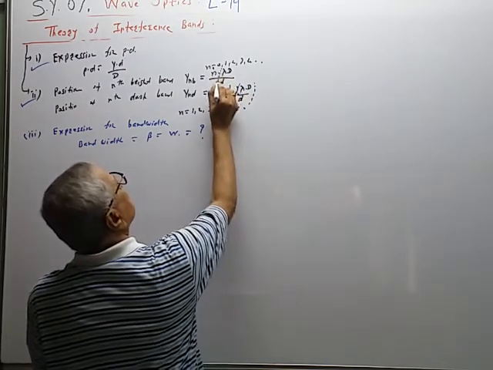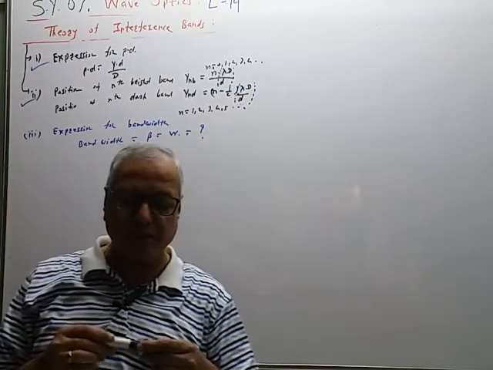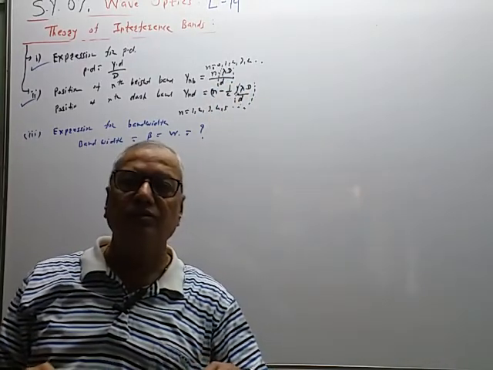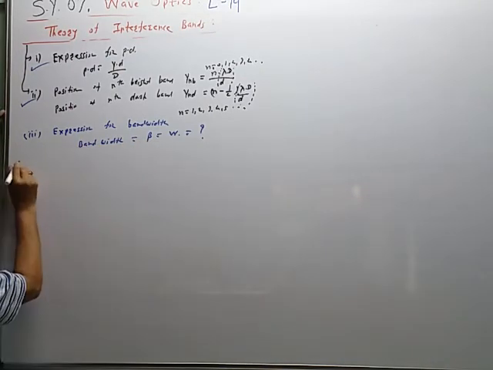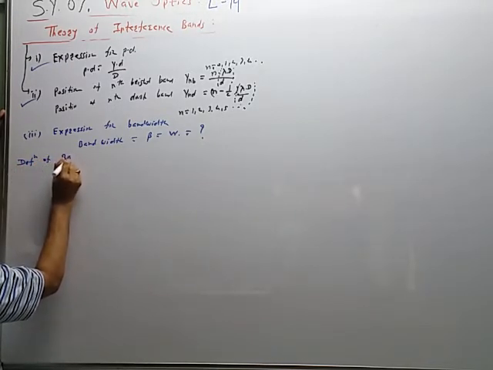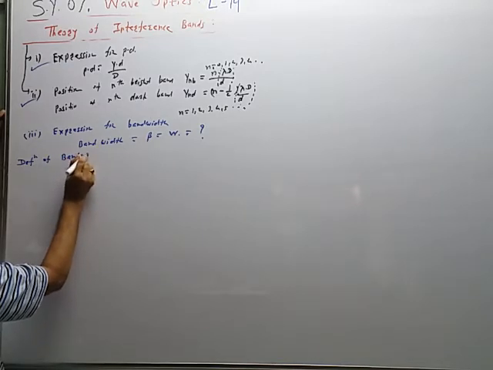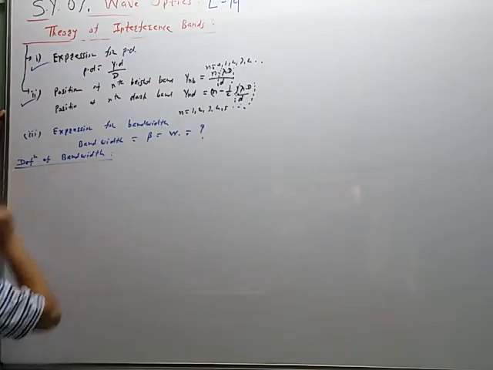For bright and dark bands, the expression for the bandwidth will be the same. So we will define the bandwidth. Definition of bandwidth: it is the width of the band.